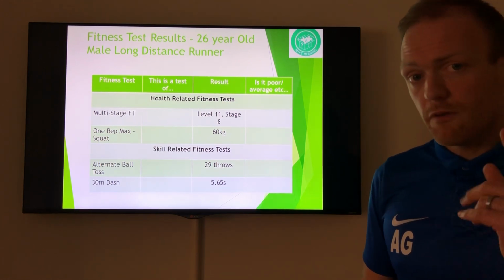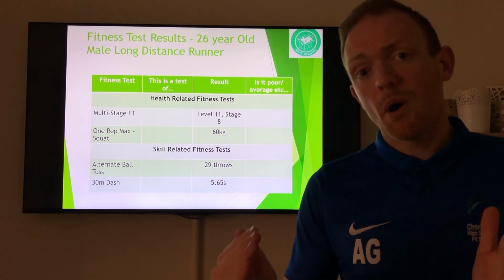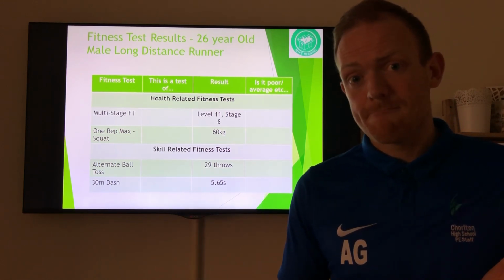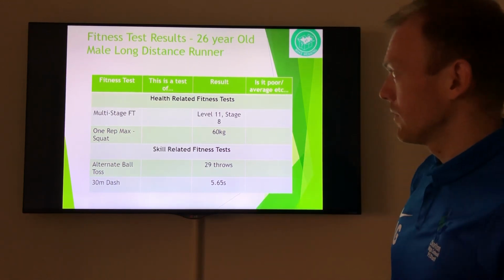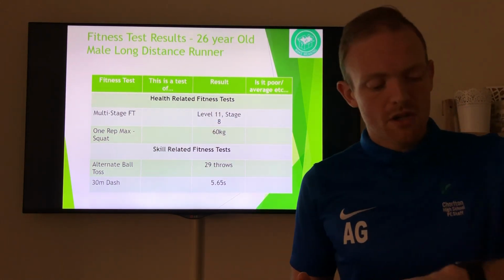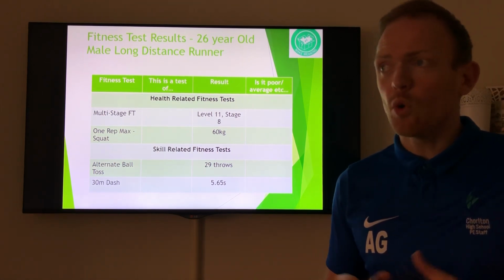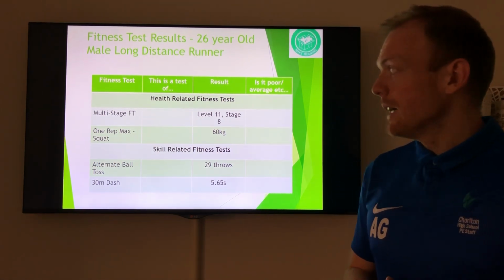What I'd like you to do, first of all, is link the fitness tests to the components of fitness that they test. For example, the first one, you've got the multi-stage fitness test, otherwise known as the bleep test, or the beep test, whatever you want to call it.